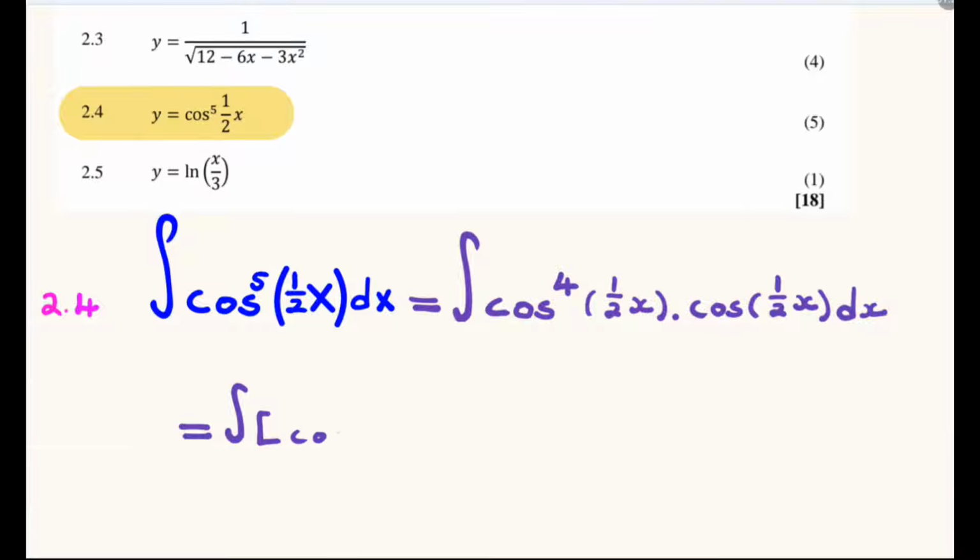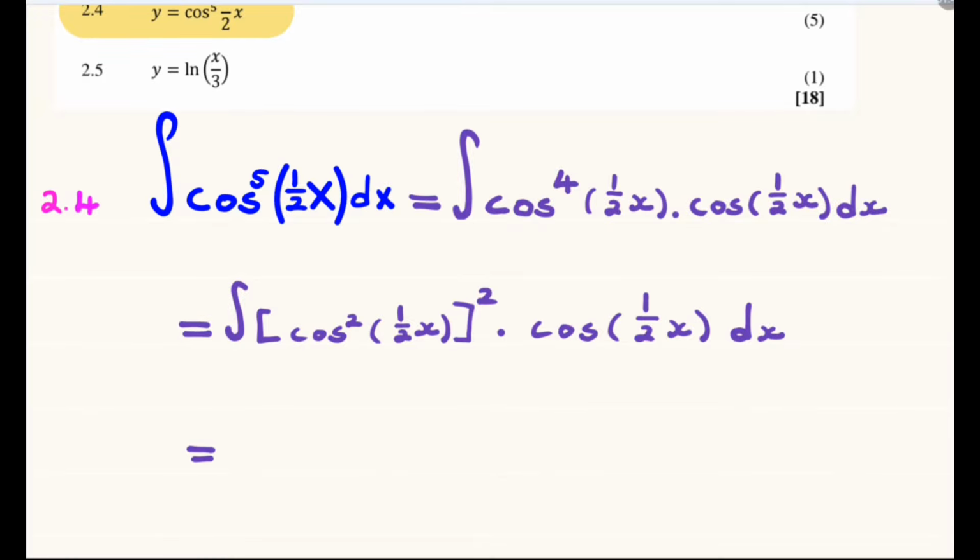cos squared of half multiplied by x, raised to the power 2, multiplied by the cos of half multiplied by x dx.